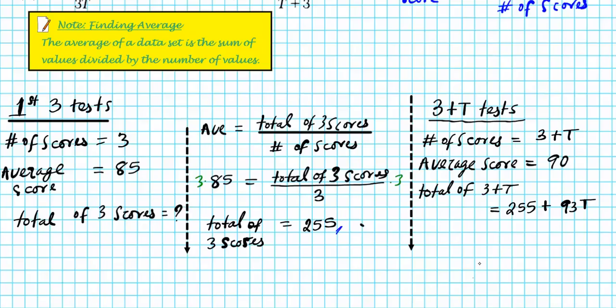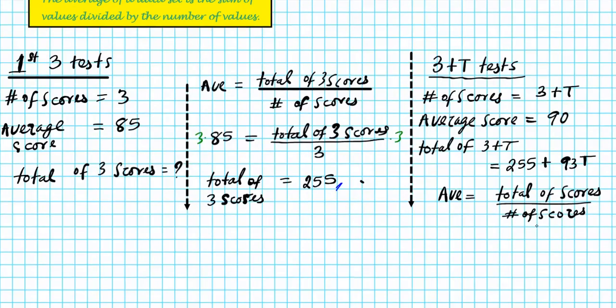Let's go ahead and rewrite our formula. Average is equal to the total of the scores divided by the number of scores, which is basically the same as the number of tests that she took that semester. The average score for 3 plus T tests is 90.